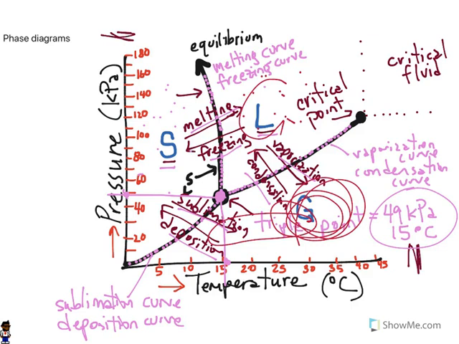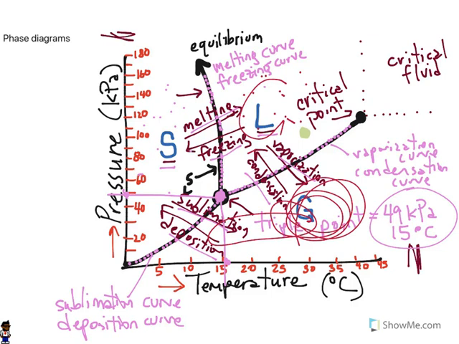If I tell you that a substance, and I know it's kind of weird, look for the green. If I tell you that we're starting off with a substance at this point, we'll say 100 kPa and about 30 degrees Celsius, and I say we decrease the pressure to, say, 10 kPa.